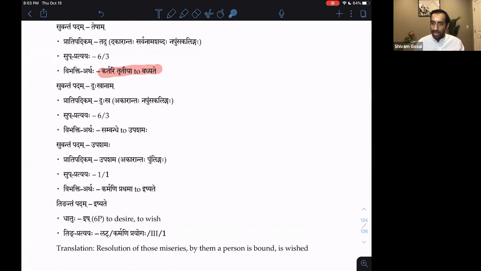If it were to say taihi upashamah ishyate, it would say resolution by those. Resolution is desired by that. Now that can be a fine sentence, but that's a totally different sentence. You can do that too, but then maybe it won't be an adjective to duhkhanam, right? It can stand for something else.